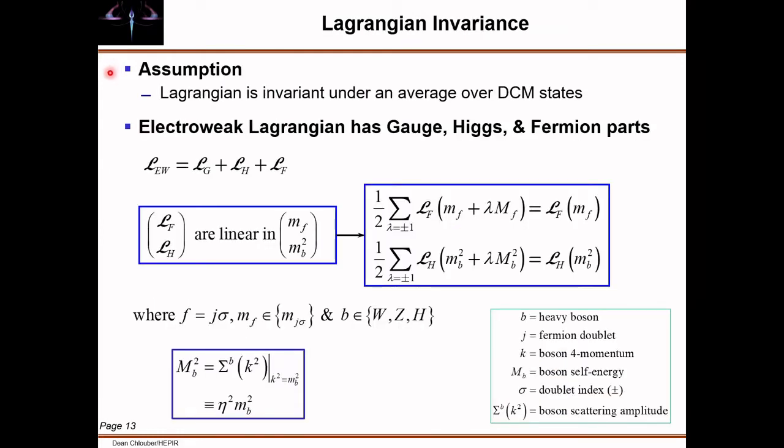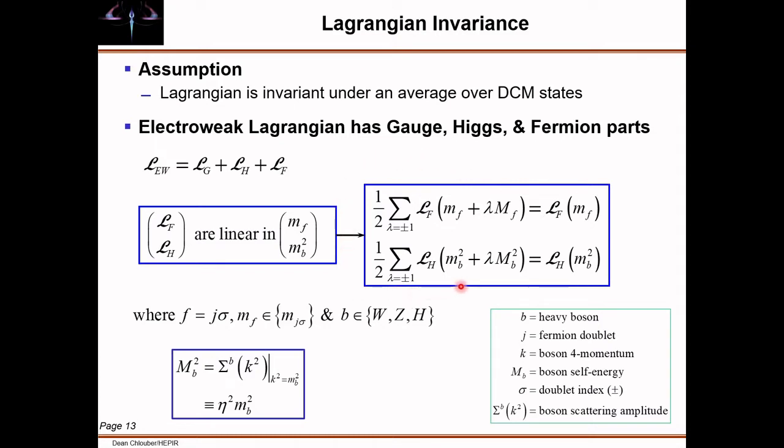Now our assumption is that the Lagrangian is invariant under an average over DCM states. Recall that the electroweak Lagrangian has gauge, Higgs, and fermion parts. And the fermion part, LF, is linear in MF. And the Higgs part is linear in the square of the boson mass. So by inspection, we see that we recover the dressing rule for fermions.